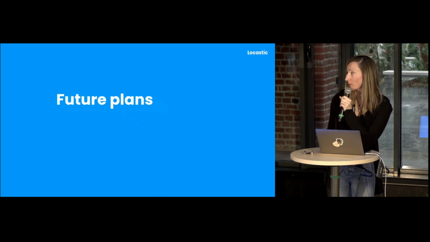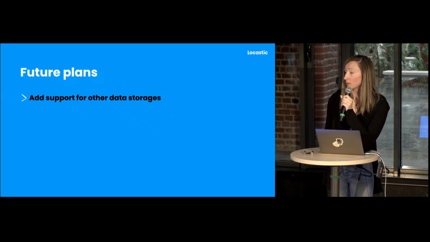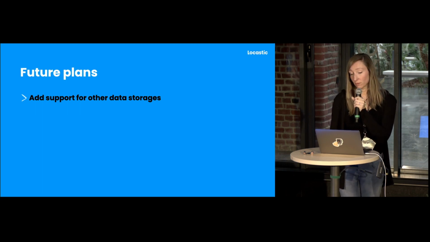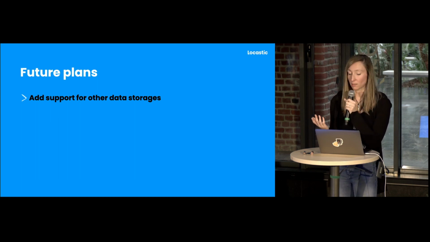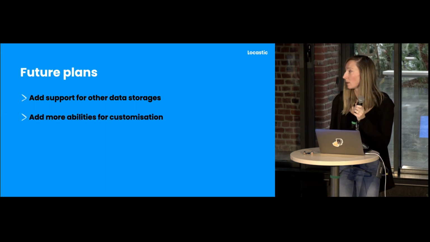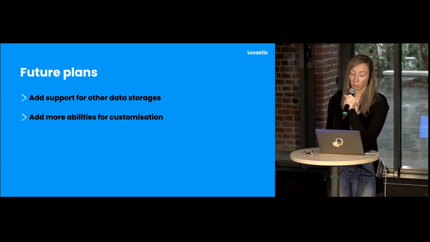And for the future plans, we would want to add support for other data storage, for example Postgres. I think we need to have support for some more simple setup so that everyone doesn't have to install Elasticsearch and get to know it. We also want to add more abilities for customization.